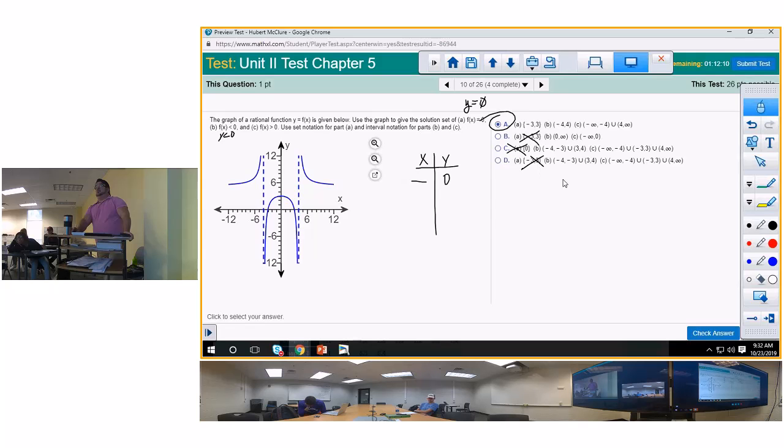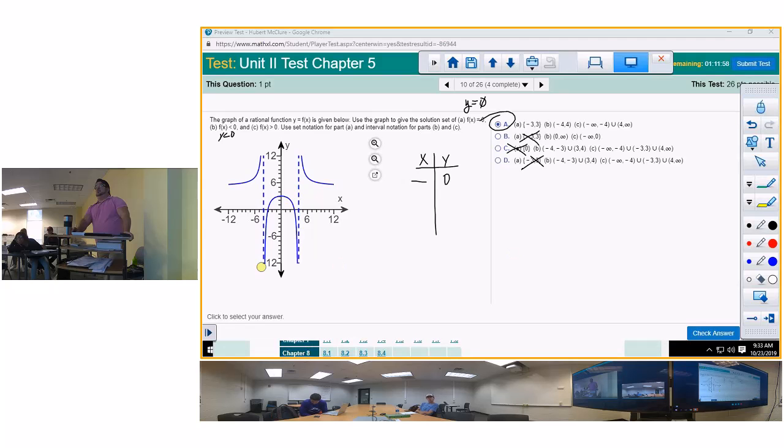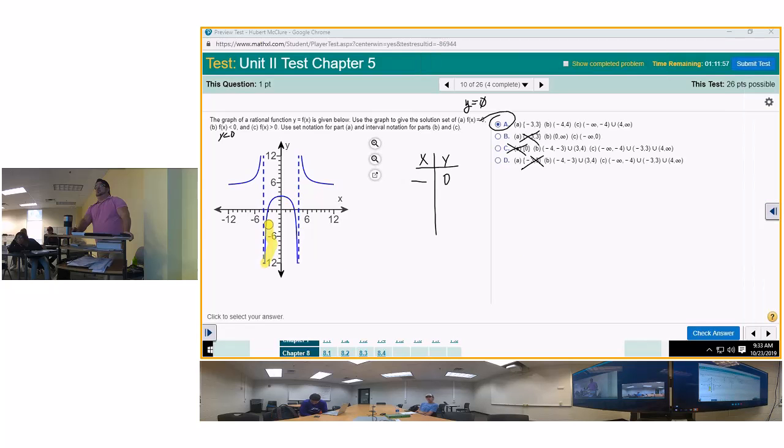Okay? Now let me look at the next one. What is the function doing when y is less than 0? Y is less than 0 is here and here. I don't understand. That's -4 to +4.